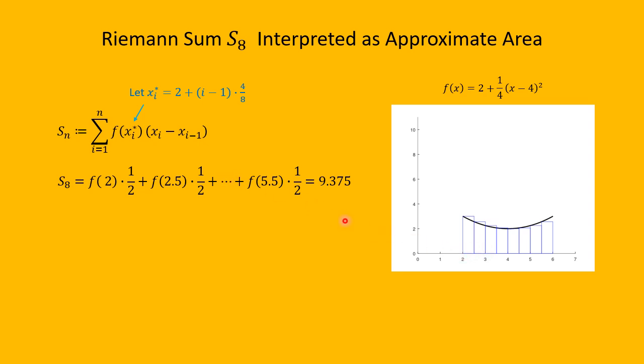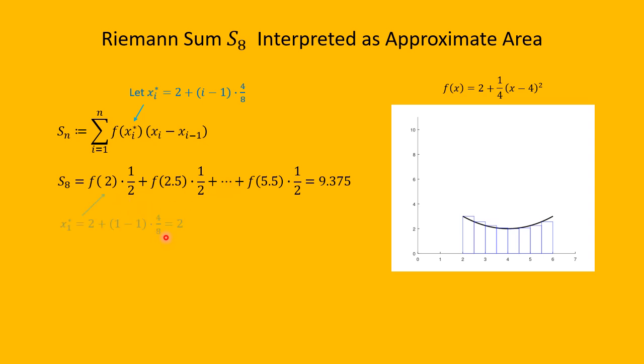And we keep going all the way through all of these rectangles to the last one, and it's going to be f of 5.5, which is the height of this last rectangle, times its base, which once again is a half. And if we add up the areas of those 8 rectangles, we get 9.375.